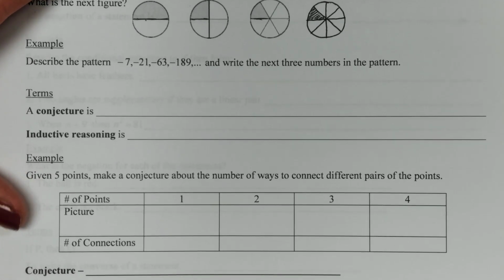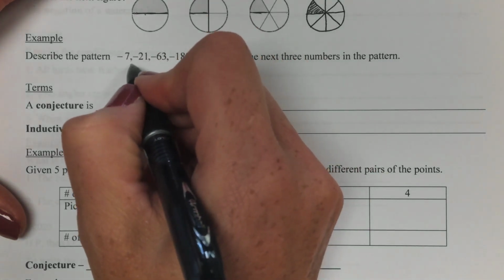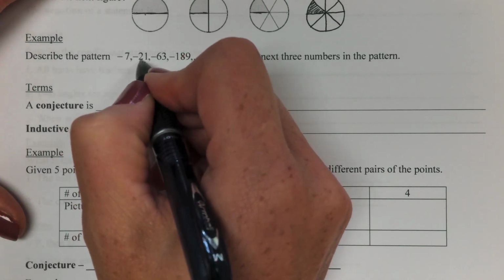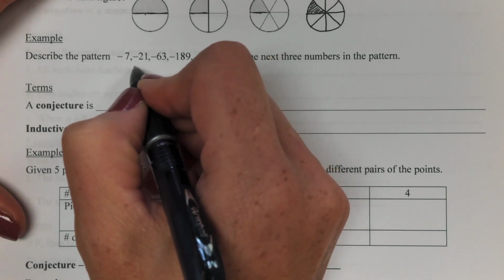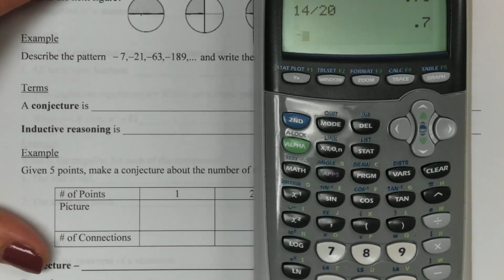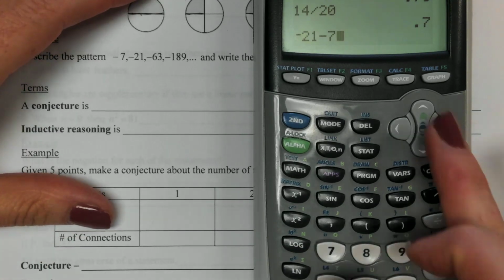So describe this pattern and then write the next three numbers. So you might have to play around a little bit with these numbers. You could think that this is adding, and then when you try and add again, that doesn't quite work. So in order to get from, let me grab my calculator so I can show you. In order to get from negative 7 to negative 21, you could do negative 21 and then minus 7. Oh, sorry, negative 7.